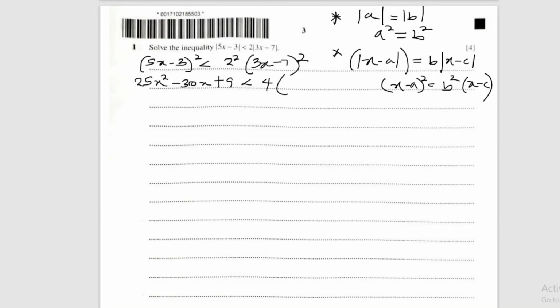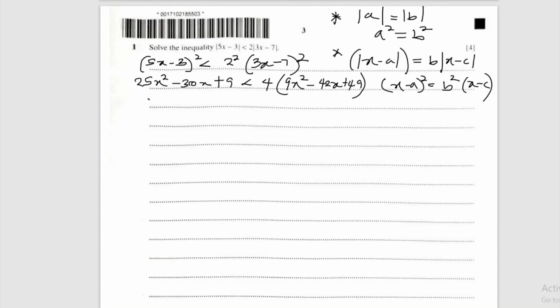When you expand 3x minus 7 all squared, we should have 9x squared minus 42x plus 49 in a bracket.